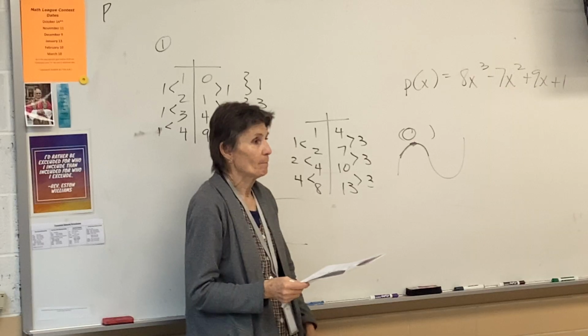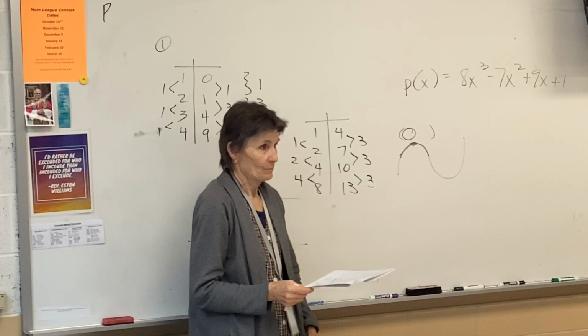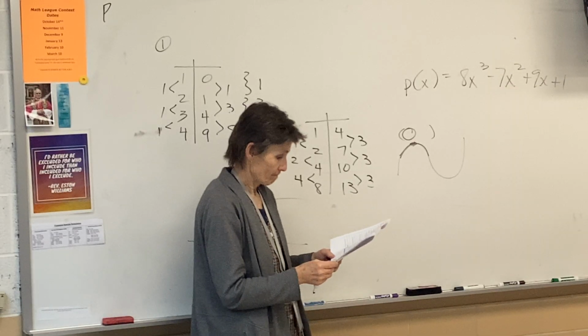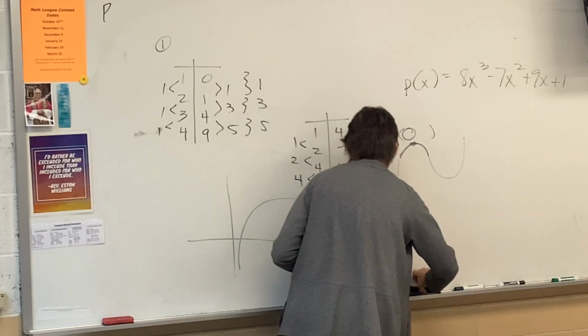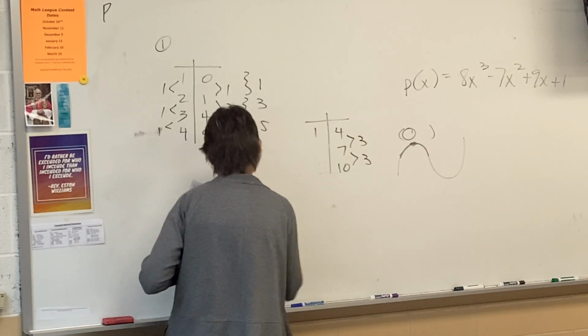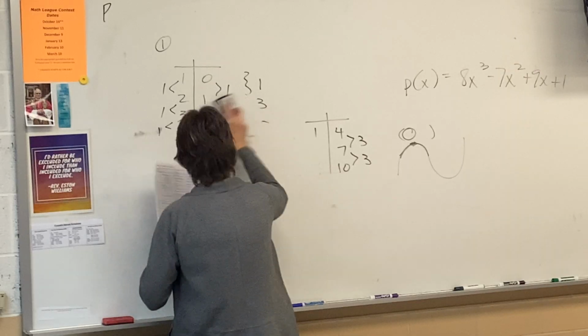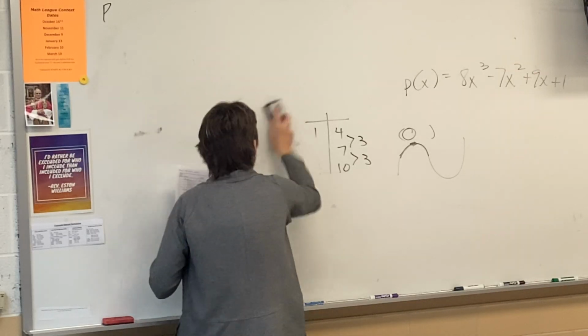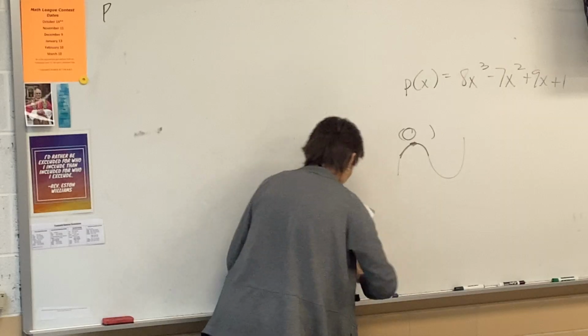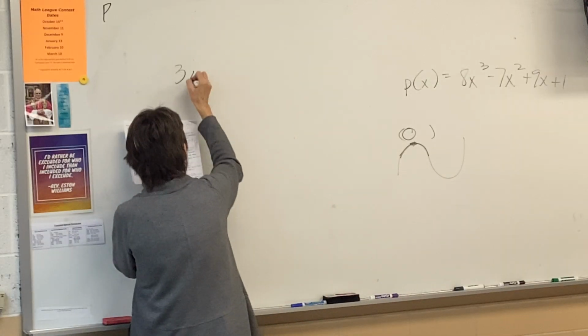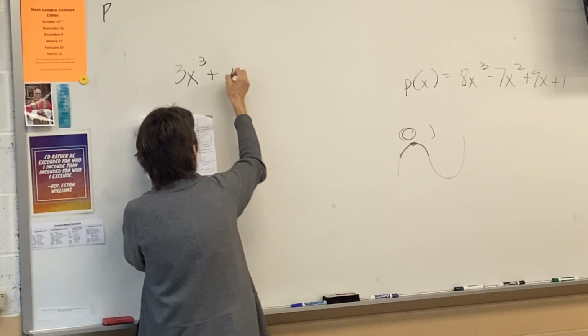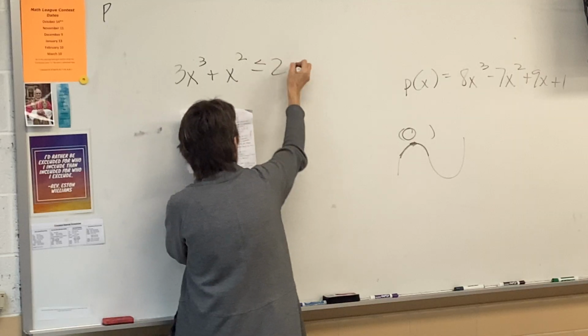Anything else from the front page? 1.5, number 4, solve this. This one, we could certainly do on a calculator, but this one could be on the no calculator part, so let's do it with no calculator.